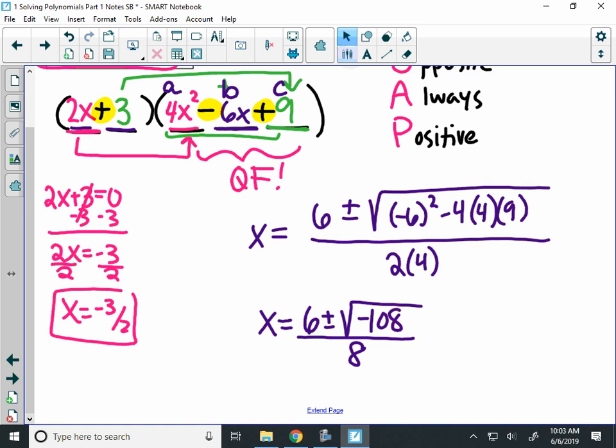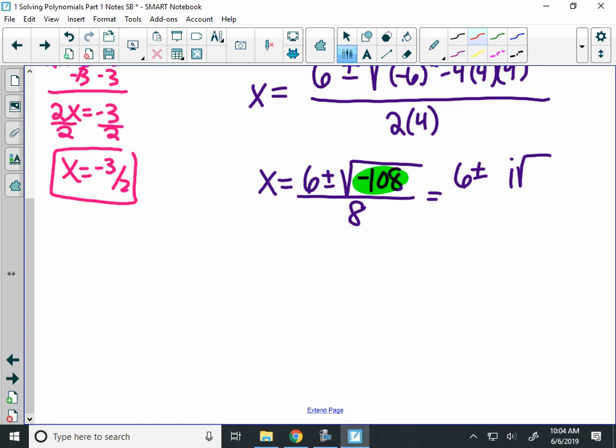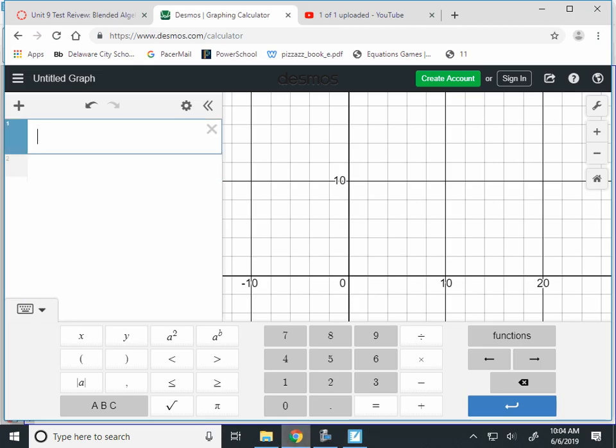I have to simplify that if I can. It's negative, so I'm going to have an i. So when I rewrite this, I'll have 6 plus or minus something with an i, and then a radical. I need to figure out what that is. So break down negative 108, or positive 108, I guess, into perfect squares. Let's take our calculator. 108, let's see, if I divide it by 64, that doesn't work.